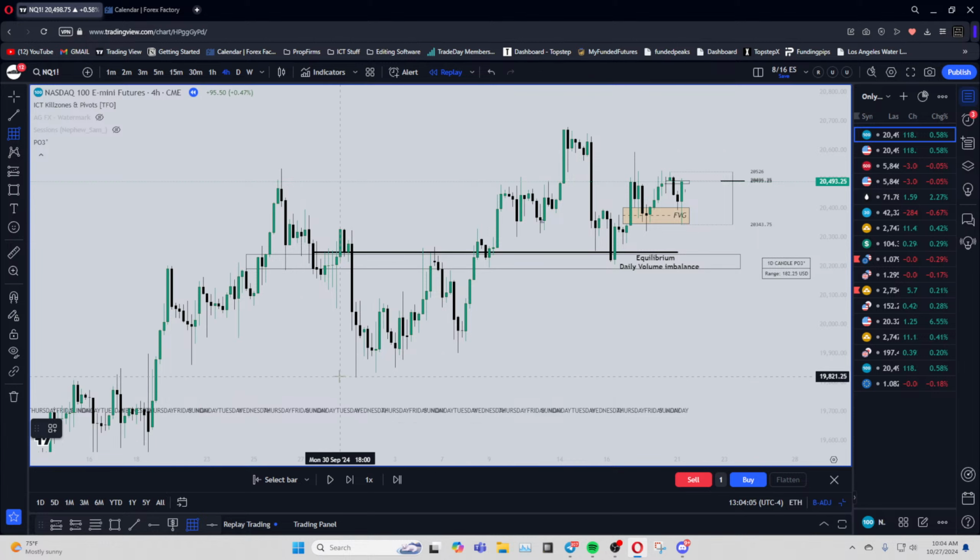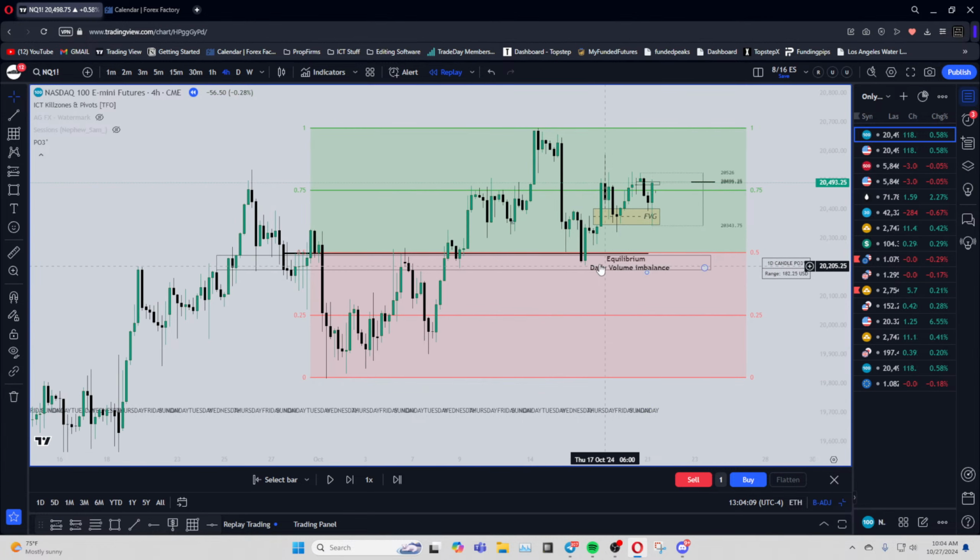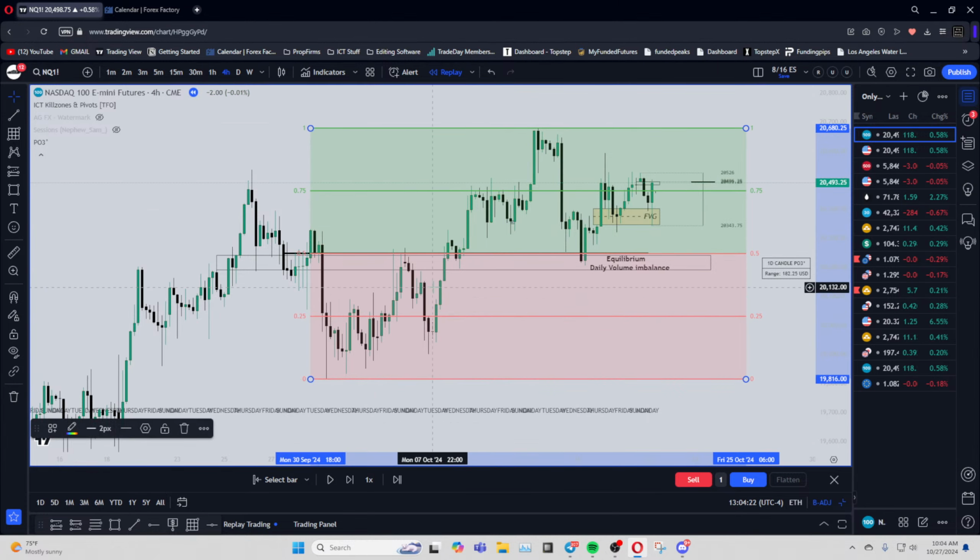Here we go. So this is the equilibrium, and you'll see price over and over has been respecting this area, following through to the week. This is just called a dealer's range, and we could use it as part of our PD array matrix, our IPDA matrix, just to figure out where we are on the actual spectrum of discount and premium.